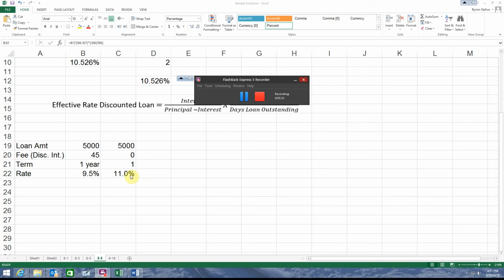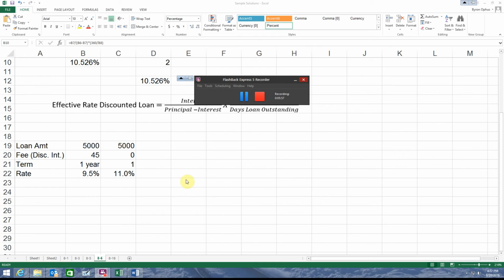It doesn't say that both loans are discounted, and so this one's easy to figure out: you're going to pay 11% for a year. And on this one you're going to pay 9.5% of this amount, but then it's going to be discounted by $45.